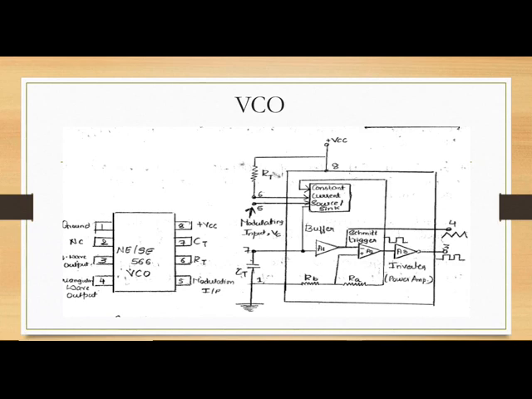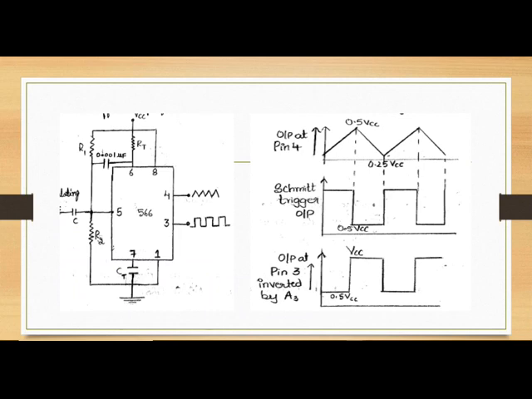The VCO is commonly used in converting low frequency signals into the audio frequency range. You can see in this pin diagram there is a 0.001 microfarad capacitor connected between pin number 5 and 6. It is used to eliminate all possible oscillations.